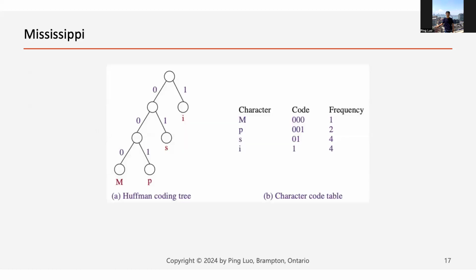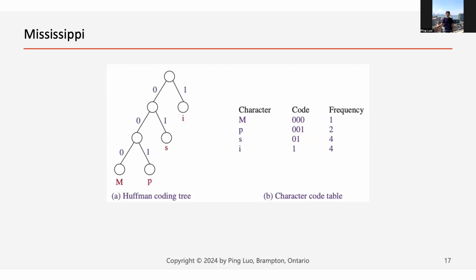This is an example. The word Mississippi, we can actually encode it using this binary tree. You can see it's binary, and the left edge is 0, the right edge is 1. And a node represents a character. For example, M here, you can see it's 0, 0, 0.